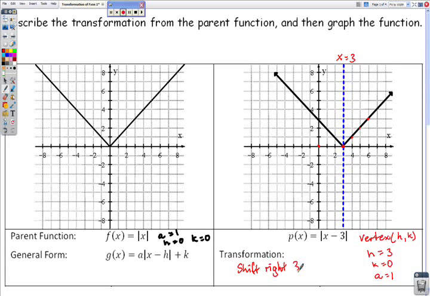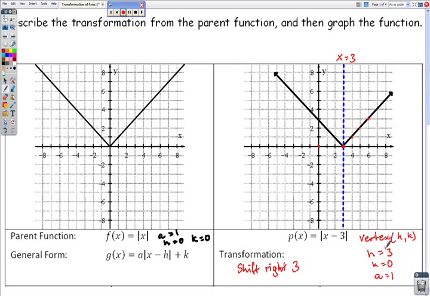3. Okay. And that is determined by the value of h. You notice here h is 3 and the shift is 3. Now h is actually a shift in the horizontal direction. Since h is positive, we might ask ourselves, in which direction are all the positive values? Well, the positive values are to the right, so that's where the direction comes from. H is positive, it's shifting to the right.